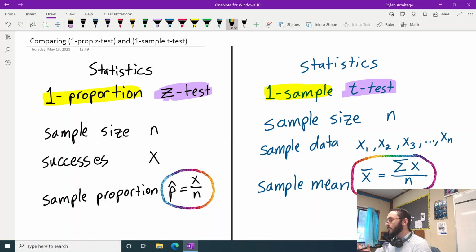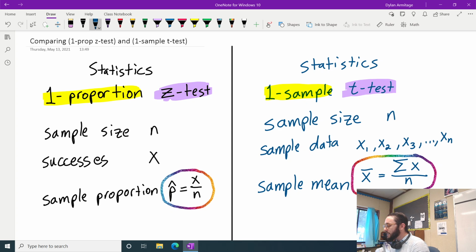Now, with the one sample t-test, there is also something else that we need that we sort of take for granted in the one proportion z-test.